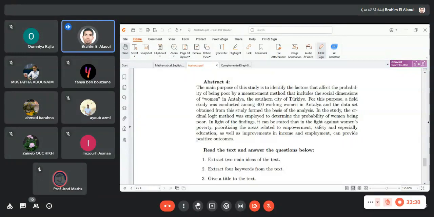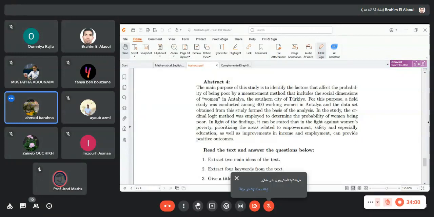Let's go to the keywords. I think logit method. Yes, good. We can say Antalya also.